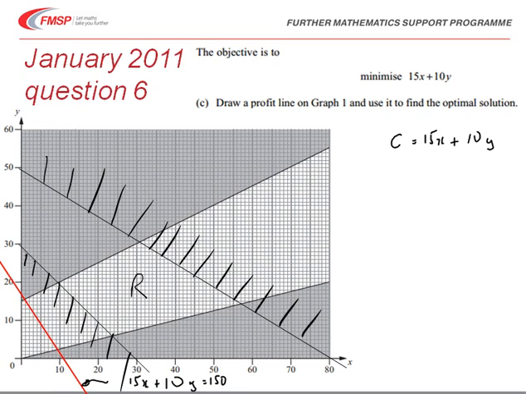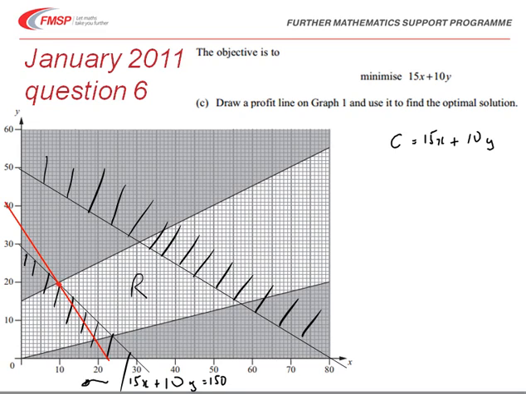So just moving that a little bit at a time, we can see that the first time that it meets the feasible region is at that one corner. It's just about to enter there now, just gone past it. So we're at this particular corner of the region. Let's mark that on there.